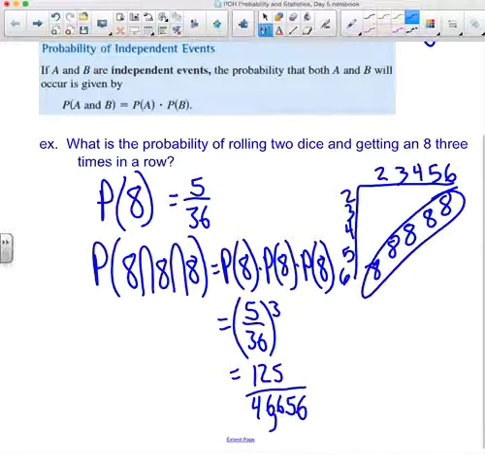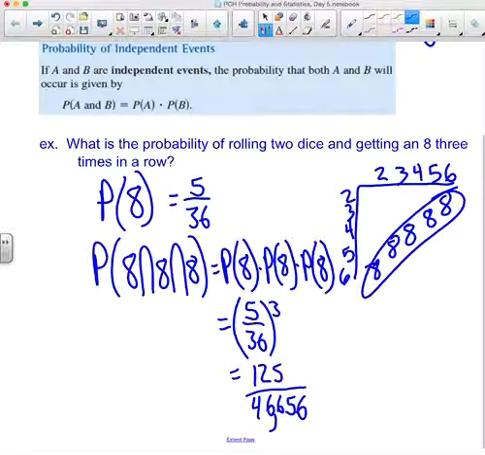Because rolling a 6 has the same probability, 5 out of 36, this is actually the probability of rolling any combination of 6s or 8s 3 times in a row. A 6, 8, 6, an 8, 6, 6, or whatever. All of those would have the same probability because each event has a 5 out of 36 chance.